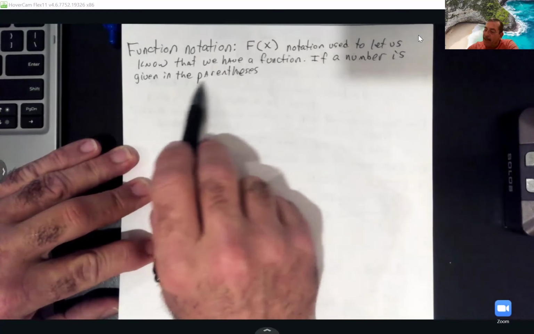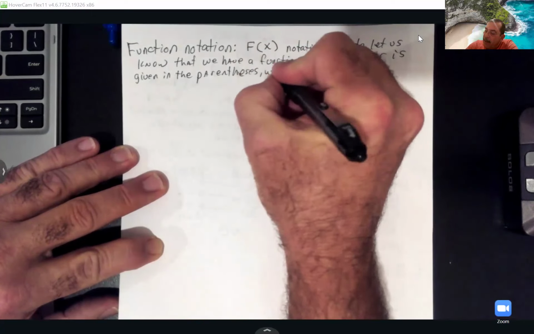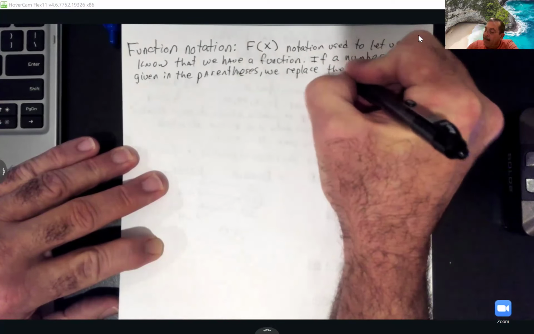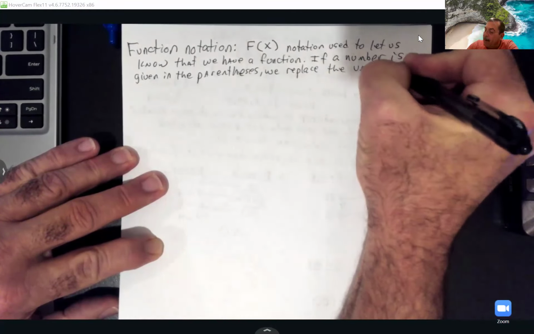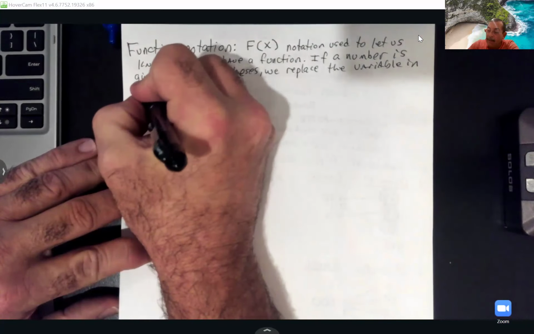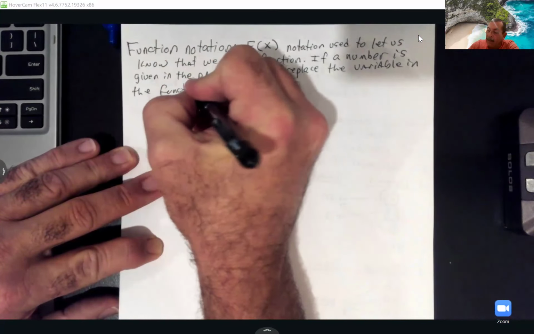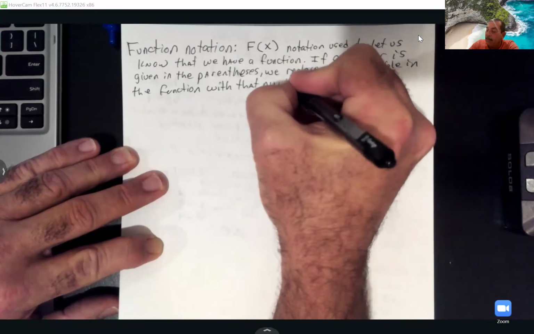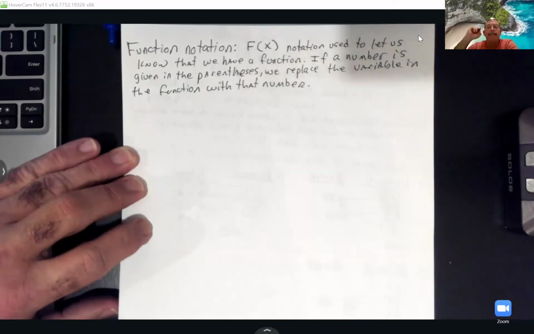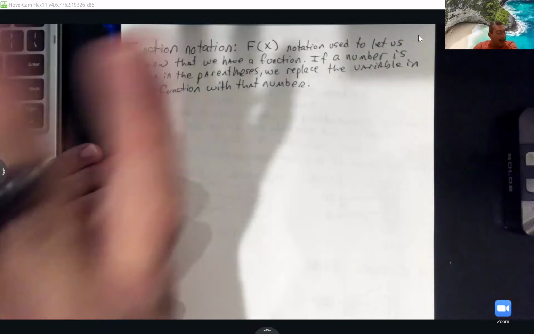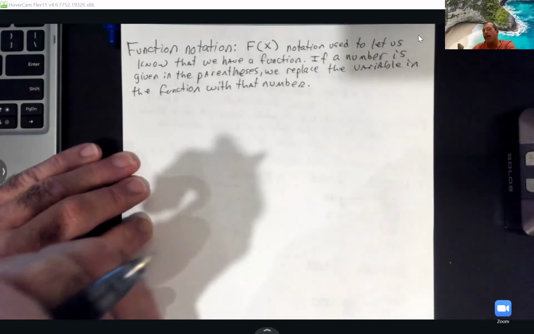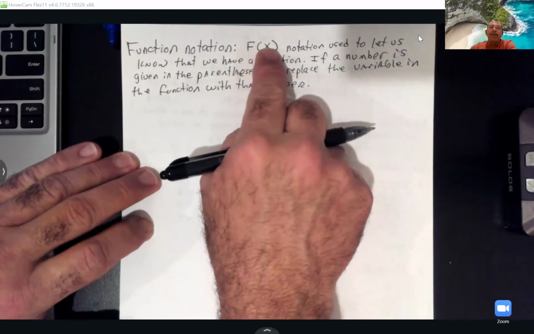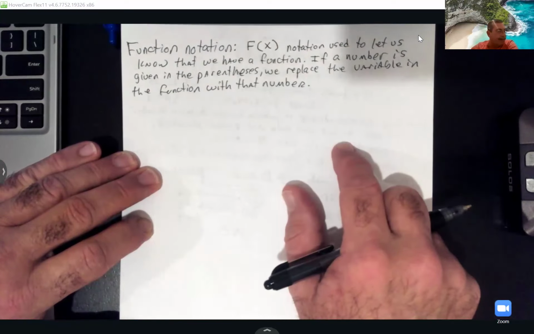So if a number is given in the parentheses, we replace the variable in the function with that number. Okay? So I'm just going to plug it in, work the function and see what I get, okay? Now the f of x, we don't do nothing with it. It's just letting us know that we got a function.